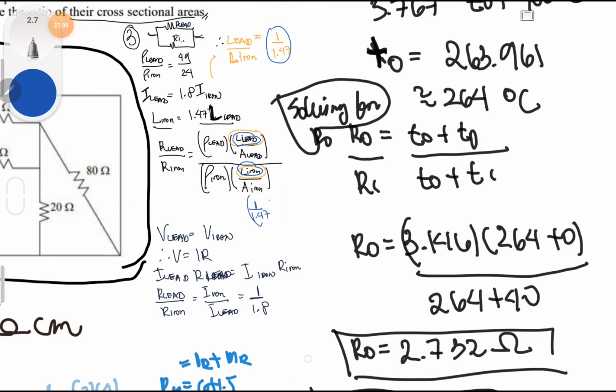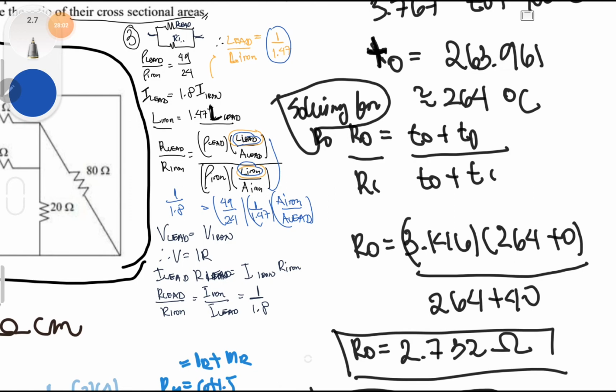So, pag tinaas natin to, magkakaroon ka ng A iron all over A lead, tama ba? Multiplied by our P lead divided by P iron is equal to 49 over 24, which is equal to our R lead divided by R iron, which is equal to 1 over 1.8.